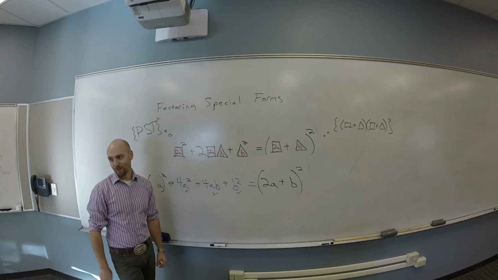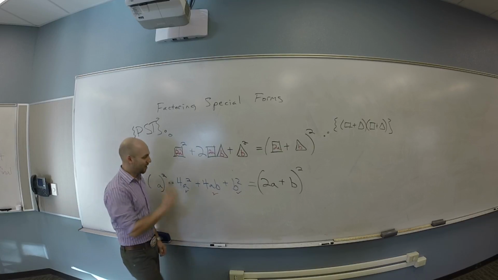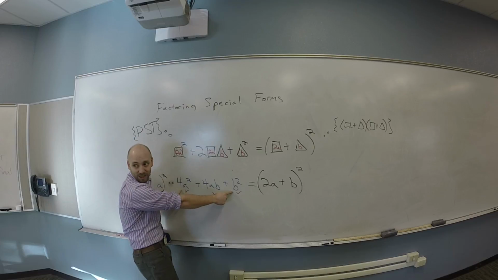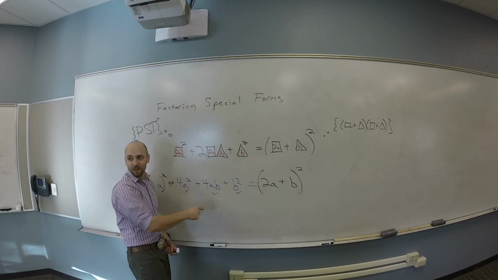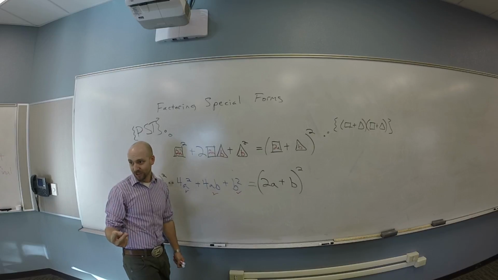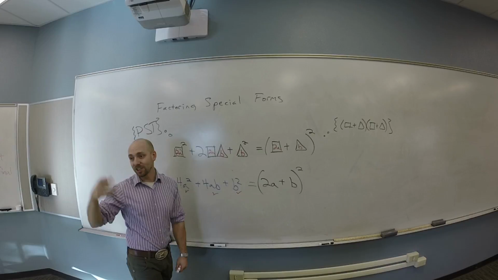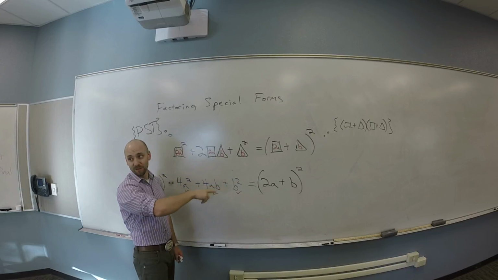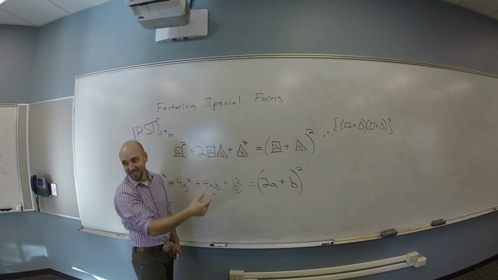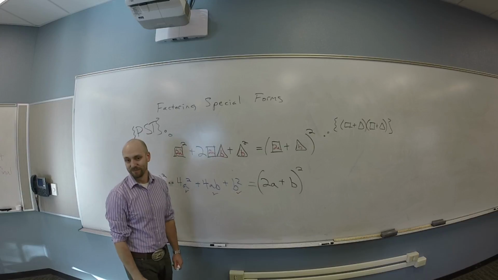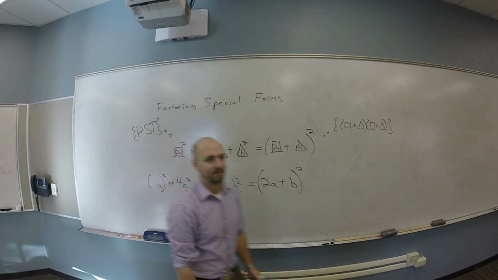On this one it won't help, because you're going to get two numbers that multiply to 4 and add to 4. 2 and 2 are your only options, so rearranging them isn't going to do anything. That's actually a nice clue that this thing was a perfect square trinomial: rearranging it doesn't do anything. Cool? All right.